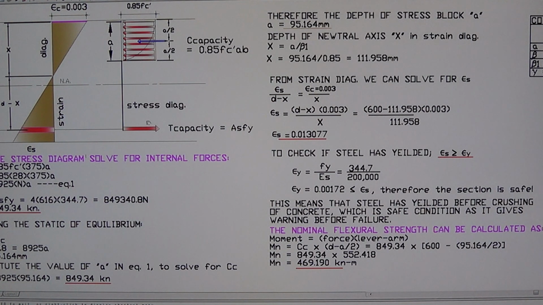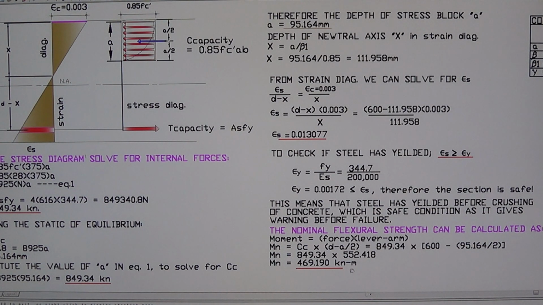So moment at tension capacity is equal to CC, the compression capacity, times D minus A over 2, equal to 849. Substitute the value of the CC there and multiply it by the effective depth minus A over 2. You'll get the nominal moment capacity of the beam equal to 469.190 kilonewton meter.